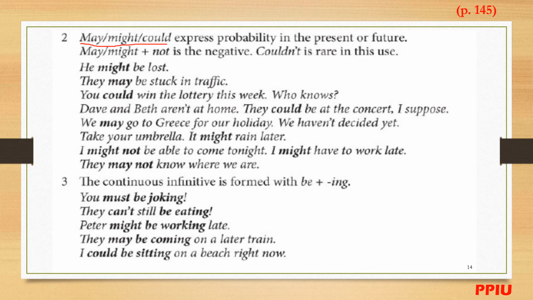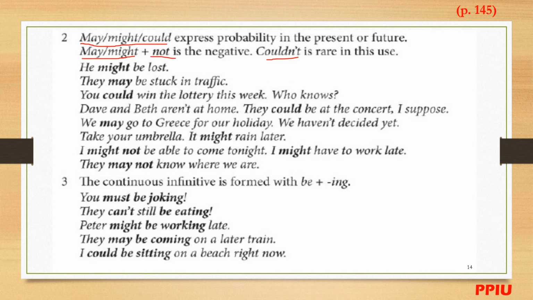We just use may or might plus not in the negative; couldn't is rare in this use. He might be lost. They may be stuck in traffic. You could win the lottery this week, who knows.